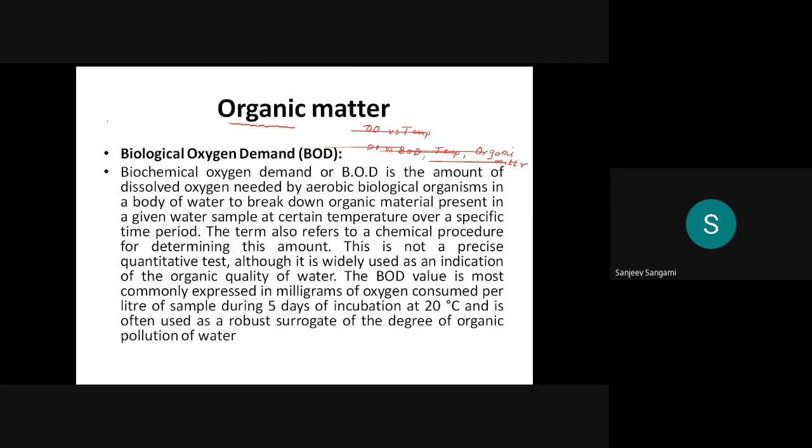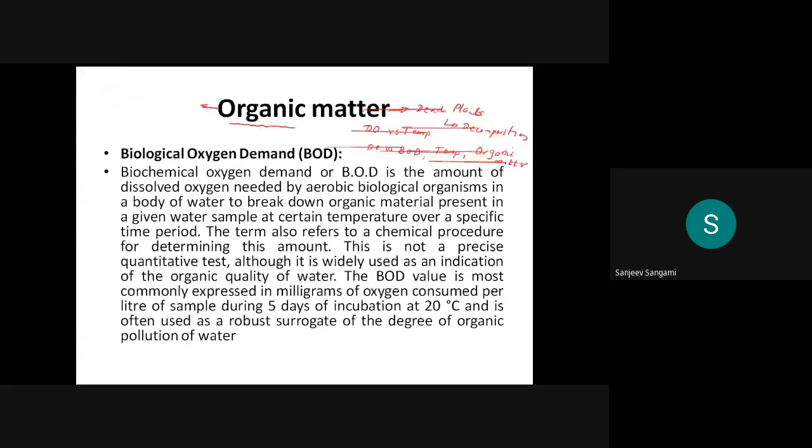See, organic matter, you can say, is the dead plants which undergo decomposition after some time. Suppose you throw waste food into a water body, after some time it will undergo decomposition. So I say it is organic, the dead plants or the food.